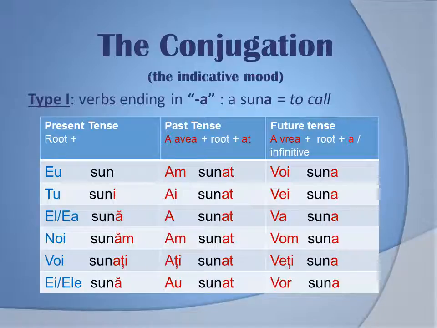Okay, let's have a look at the past tense. In this case, we will use the auxiliary verb avea, and then we identify the root, and as you can see, we'll add only a and t, at the end of the verb.